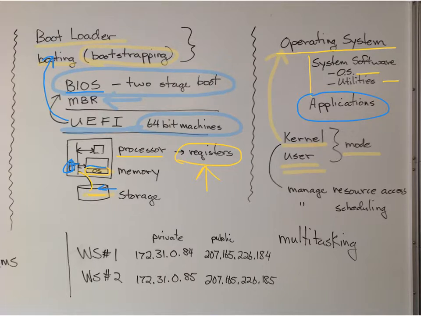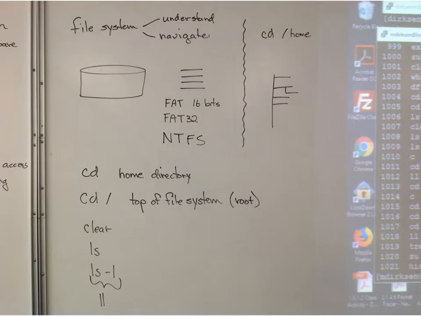What can they do? Manage your resources and manage scheduling. And scheduling has a lot to do then with multitasking. This over here, these are just a review of the work servers.